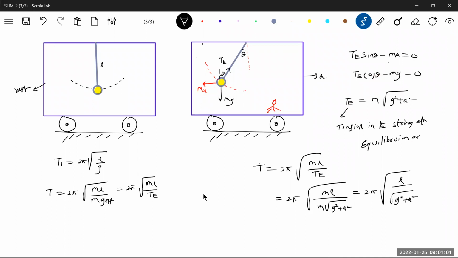Tension in the string at equilibrium or mean position, with the bob at rest. This is the condition, not when oscillating.